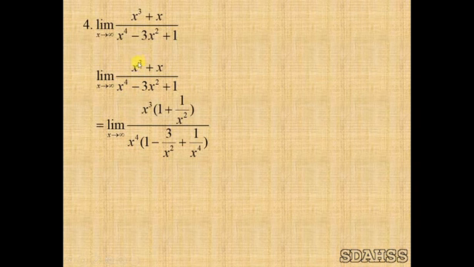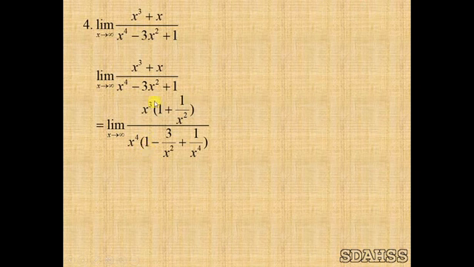The highest power is 3, so you take out x power 3. Then you have x cube into (1 plus 1 by x square). Similarly, find the highest power in the denominator. Here the highest power is x power 4, so you take it outside. So you have x power 4 into (1 minus 3 by x square plus 1 by x power 4).